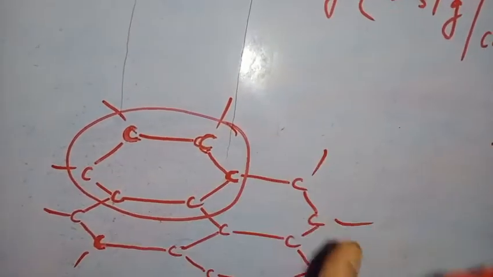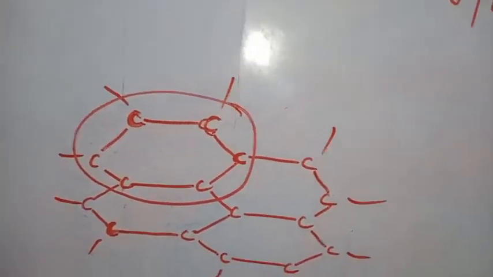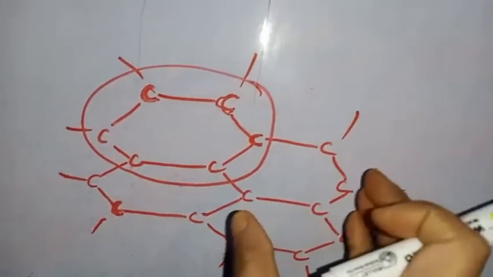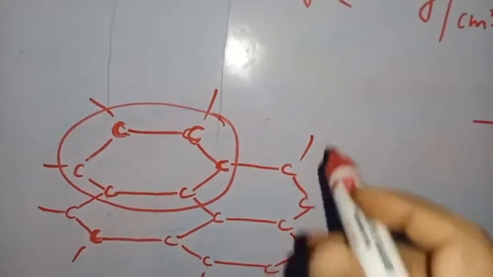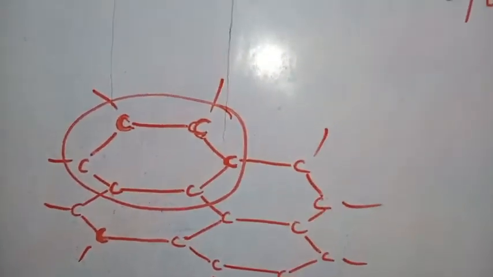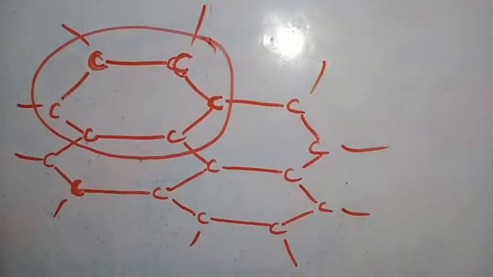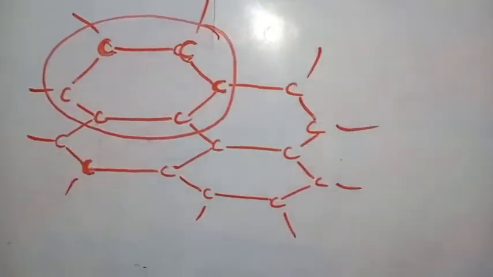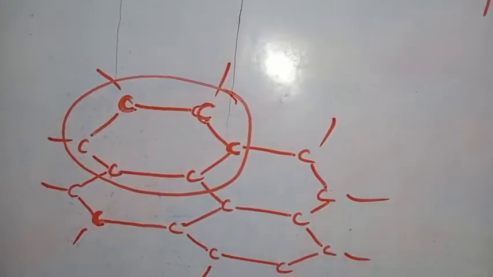They are not isolated. One hexagonal ring is fused, combined with the other hexagonal ring. So this is one layer. I have shown you the one layer. Like that you have many layers of this hexagonal ring, giving you the hexagonal array.